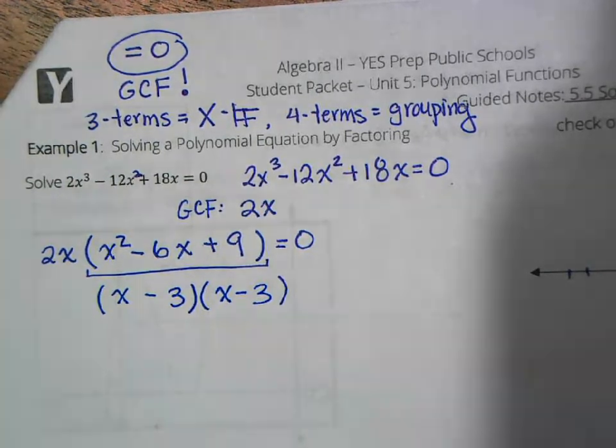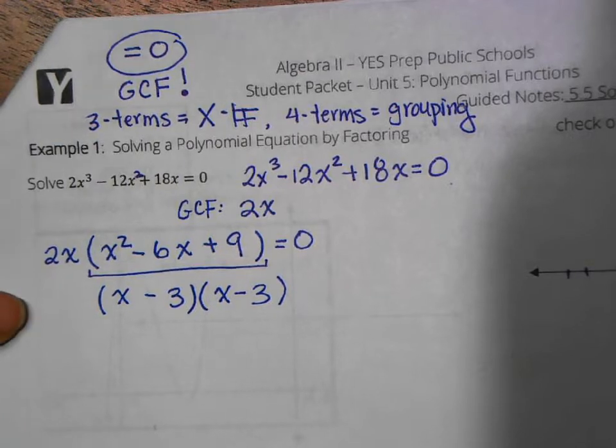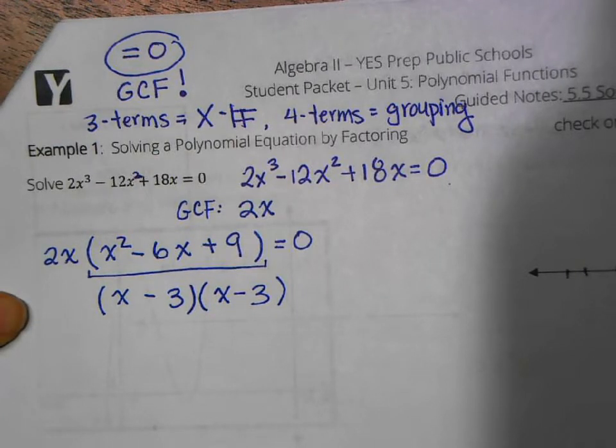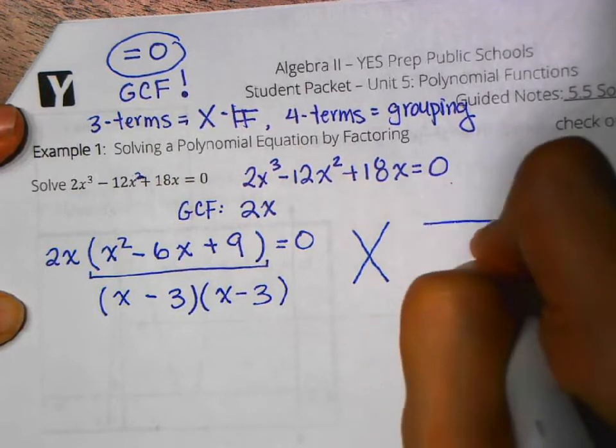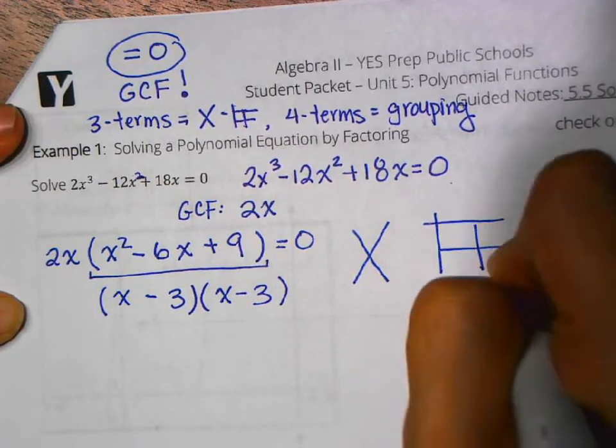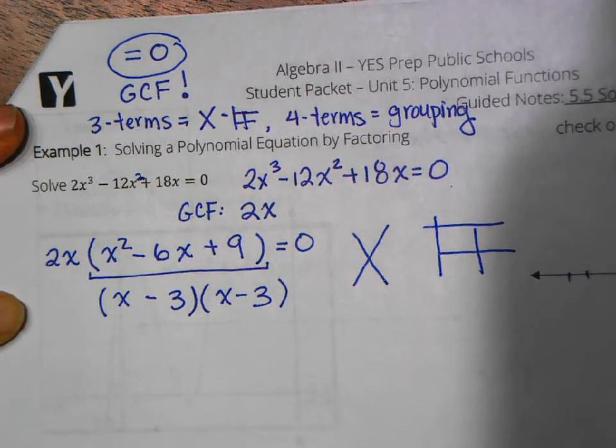Now, if you're like some of us, or if you were like me when I was back in Algebra 2 as a student myself, you might not have seen that right away. You can definitely still do the x box, and that will still get you to x minus 3 times x minus 3.